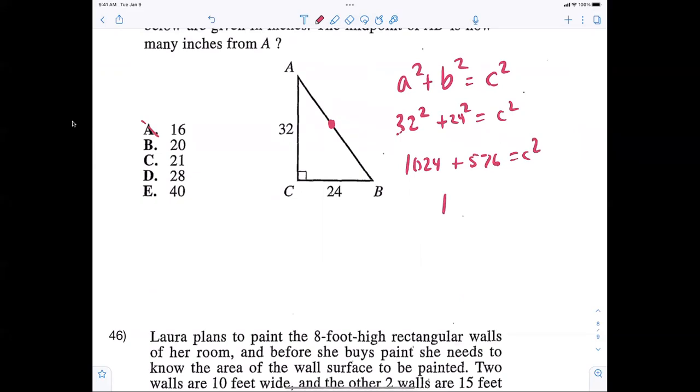Add those together, you get 1600. Square root of 1600 is 40. So the whole length is 40, so the midpoint would be how far away? 20, very good.